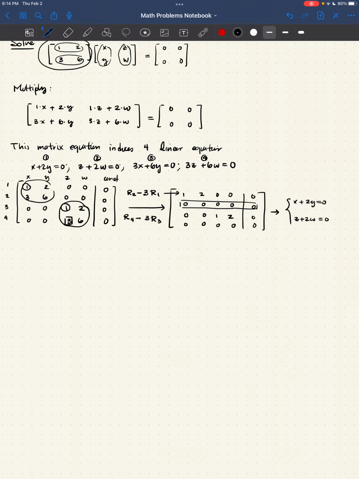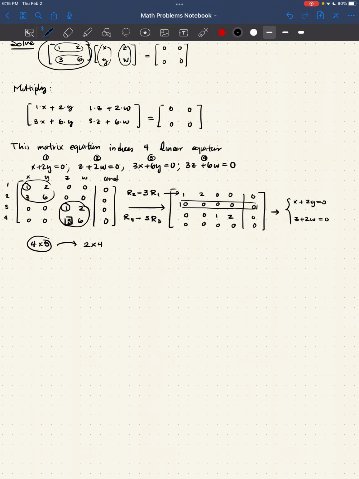Well, I think we can do better. I think we can organize this system of equations in a different way. Instead of using this 4 by 5 matrix, I think we can codify everything in a 2 by 4.